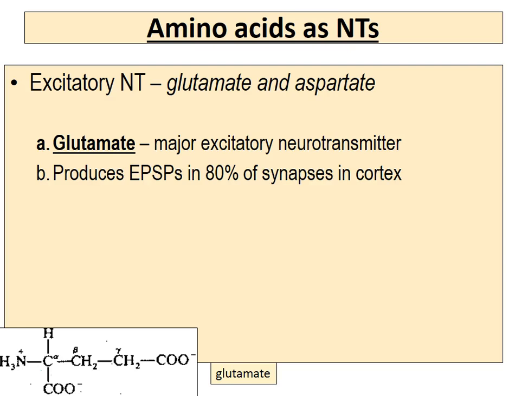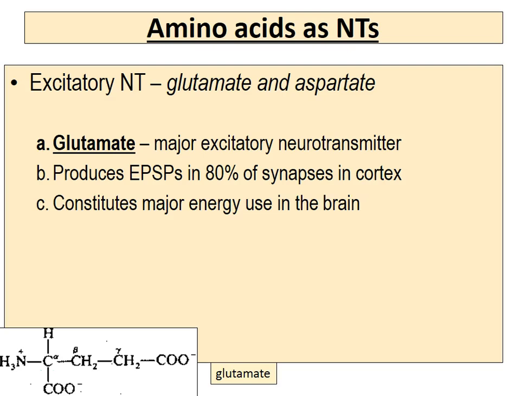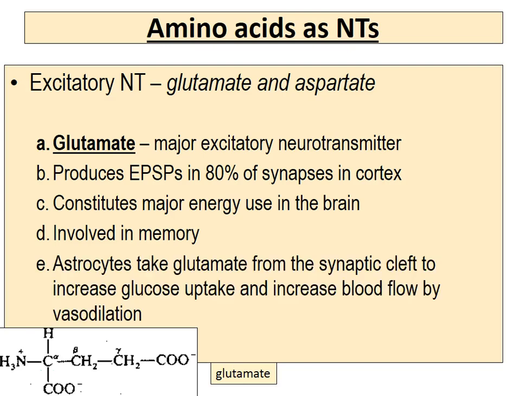It produces EPSPs in 80% of synapses in the cortex and is a major user of energy in the brain. It's also been found to be involved in memory, which we will talk about. Astrocytes are known to take glutamate from the synaptic cleft to increase glucose uptake and increase blood flow by vasodilation.